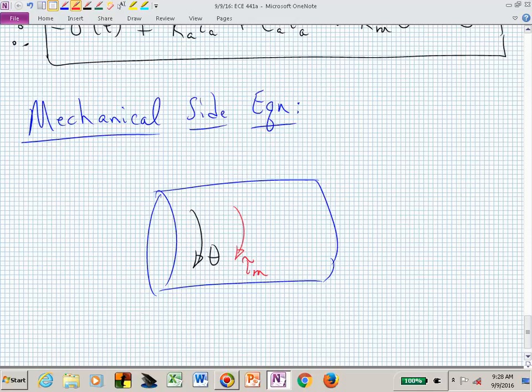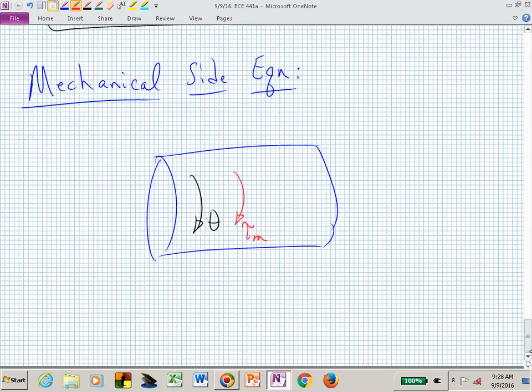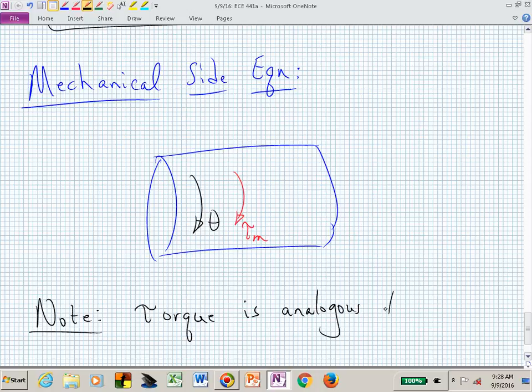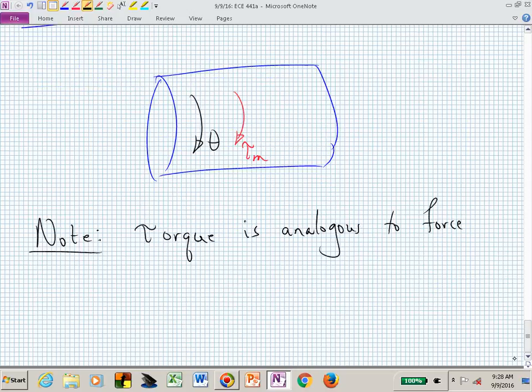Here's what I want us to consider. This torque, motor torque, tau sub m, is analogous to the force we've been playing with in these translational mechanical systems.